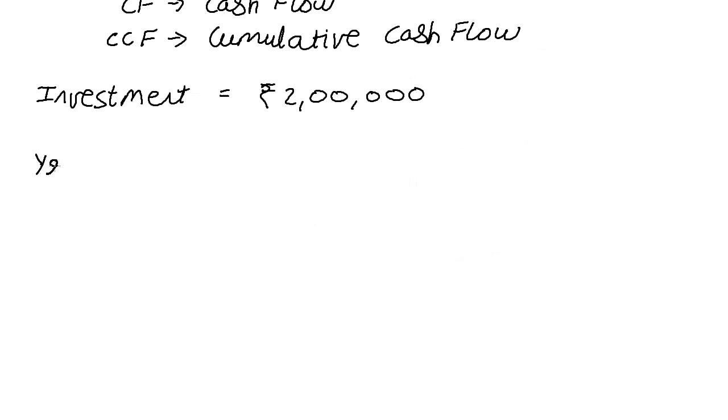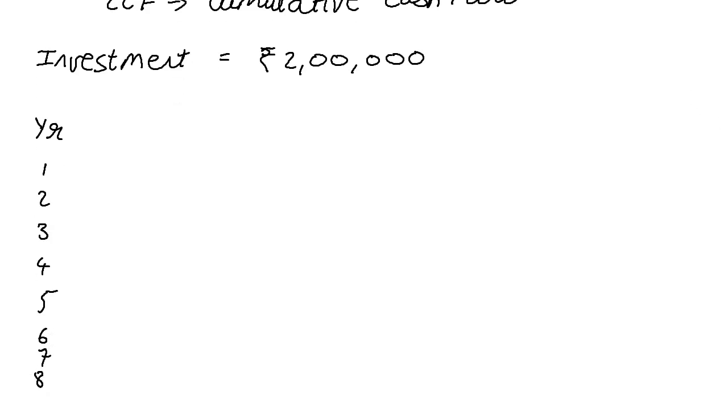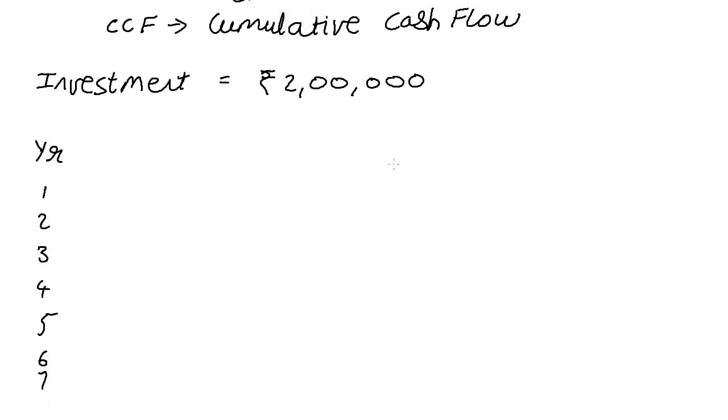We have year, and this can be part of the question. So let's say we have this running for 8 years. So 1, 2, 3, 4, 5, 6, 7, 8. We have an investment, and that investment is going to last us 8 years.